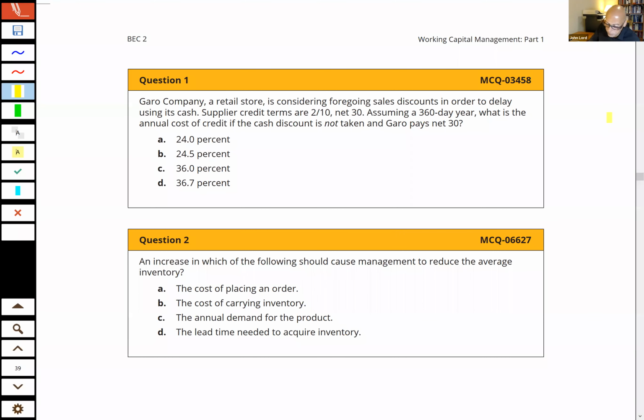Just following the formula that we saw, we know we have to have the 360, and we assume a 360-day year, and then we have the 30-day pay period minus the terms here, 2/10 net 30.